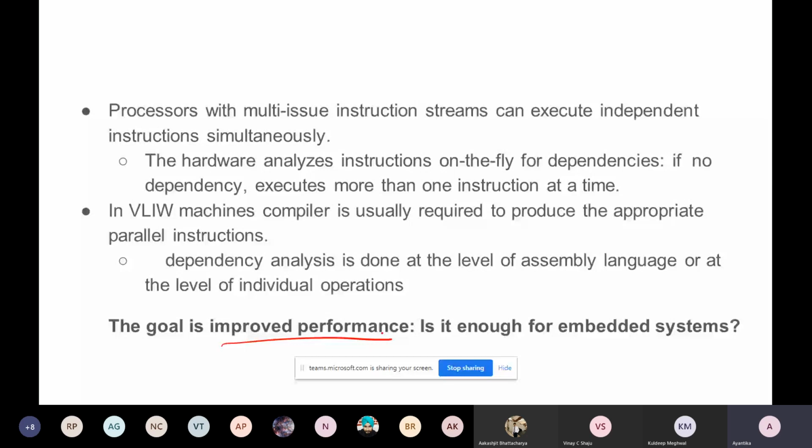But when we are thinking about embedded systems, they mostly have real-time requirements. That means, of course, you have to meet some deadline. This is the first thing. The second thing is that it is not that you have to only do it as fast as possible. You have to be just in time.